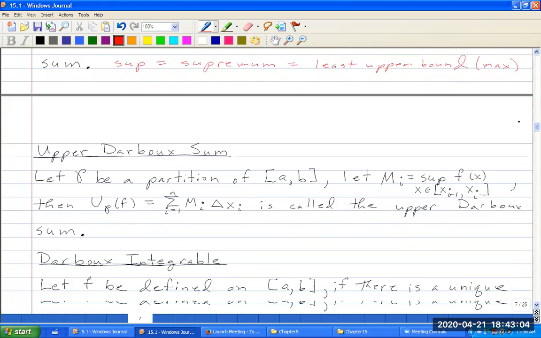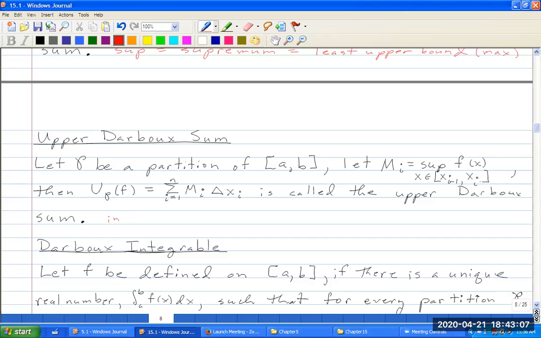And the infimum, oh, that's completely wrong. I don't know how to spell that. Spelling is wrong. It is the greatest lower bound.